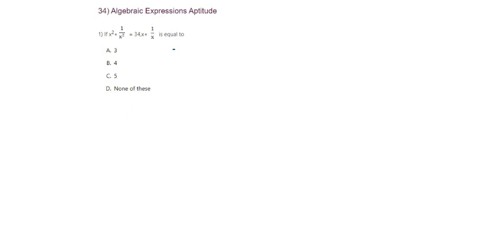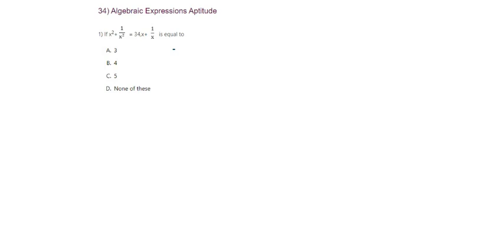Algebraic expressions, aptitude. So how are you going to solve this? This is also very easy, it's not difficult. They have given x square plus 1 by x square is 34, so what is x plus 1 by x equal to?